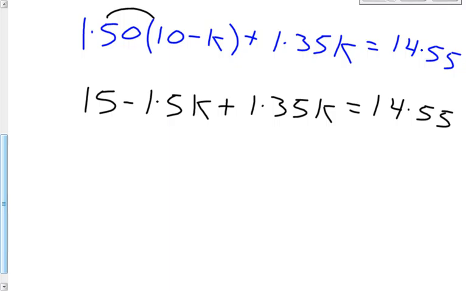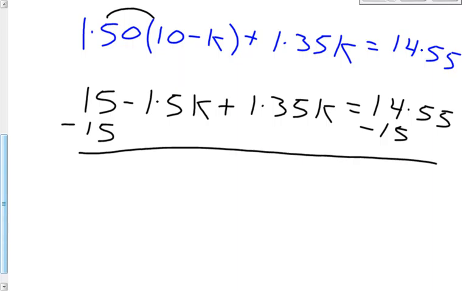So now let's get all of our K's together and get the 15 off to the right. So a negative 1.5K plus 1.35K equals a negative 0.15K.